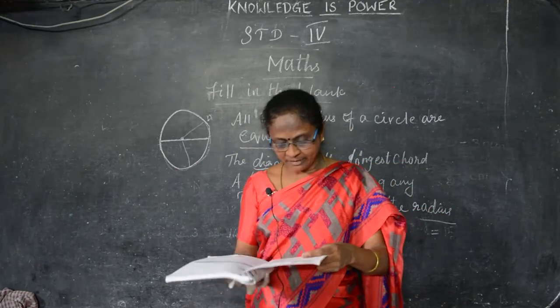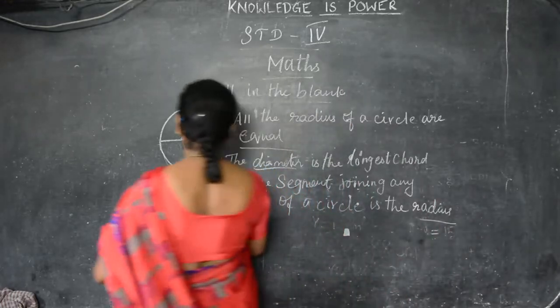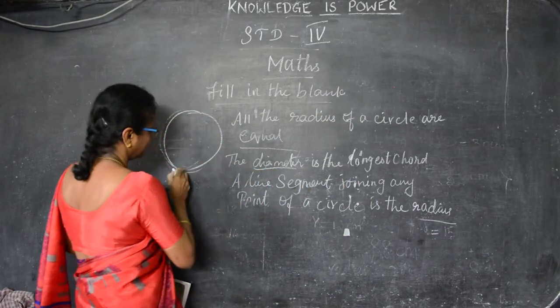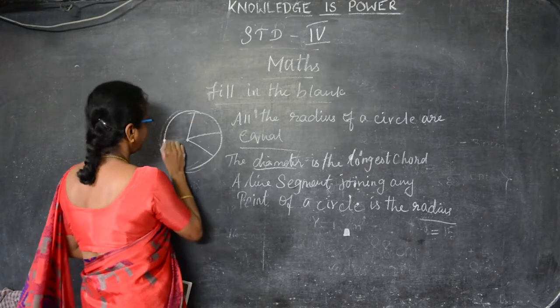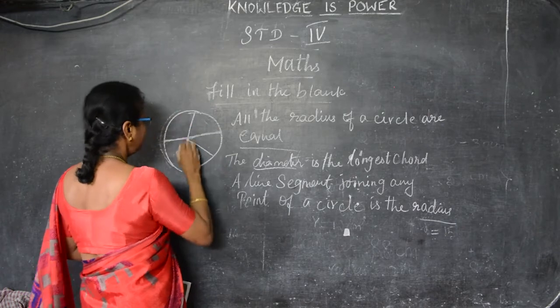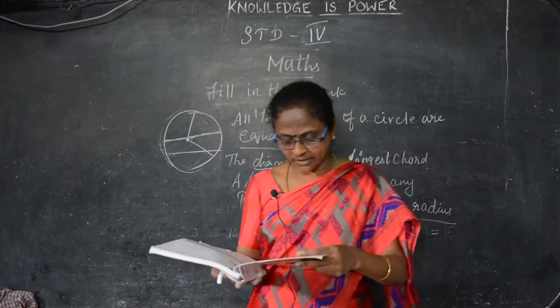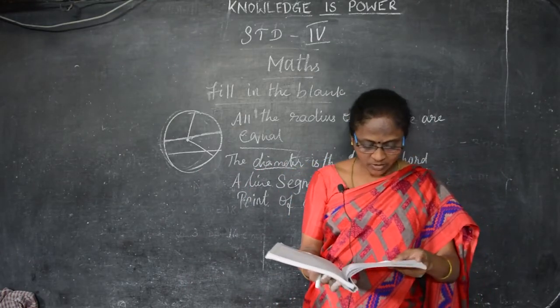Then a line segment with its end points on the circle. This is any line. This is the radius. This is the chord. The line segment with its end points on a circle is called a chord.